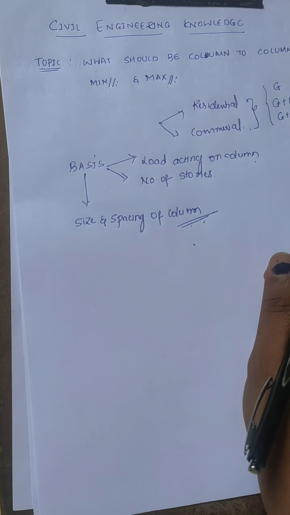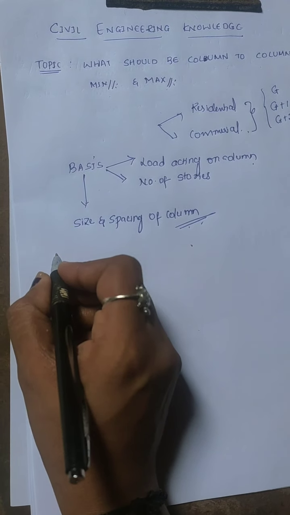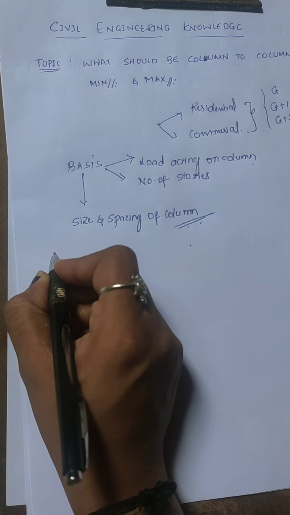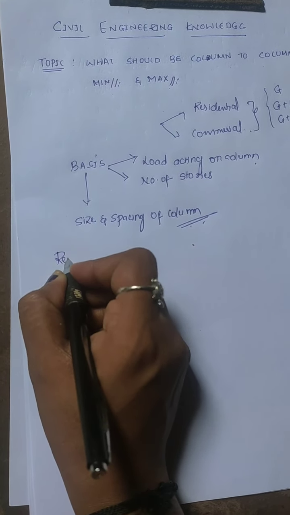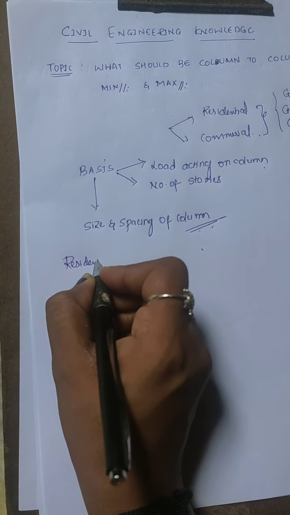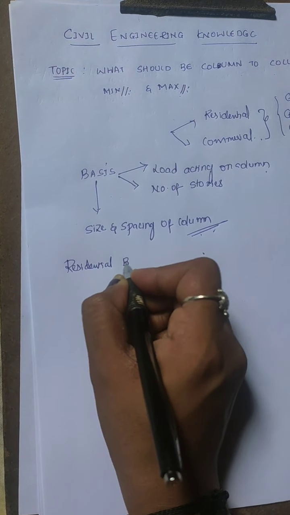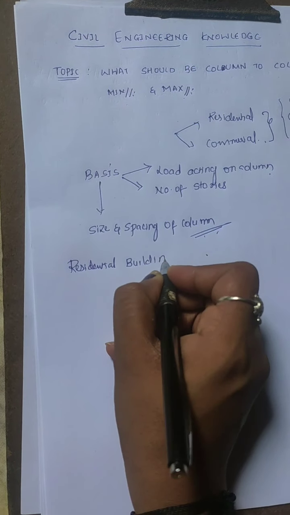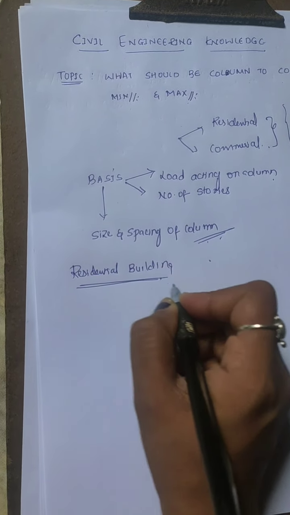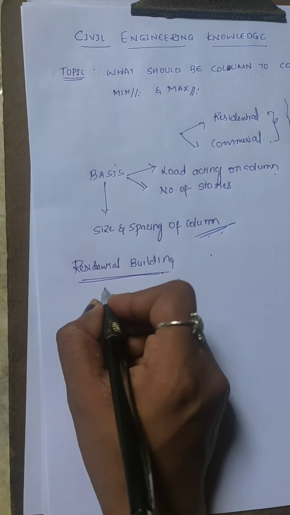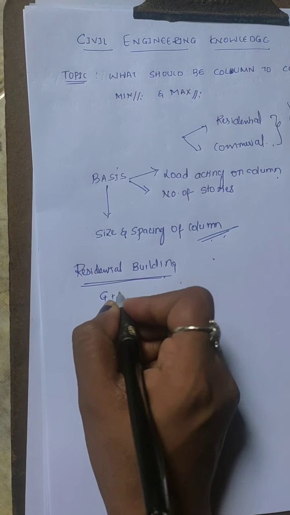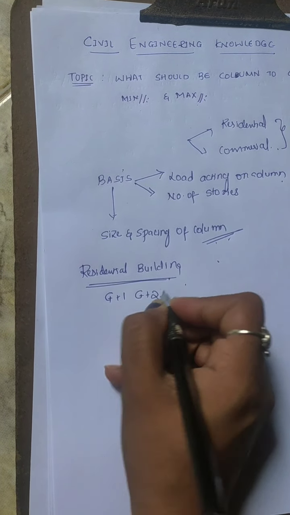So here if we consider the case of a residential building, what should be the spacing if you consider G+1 and G+2?